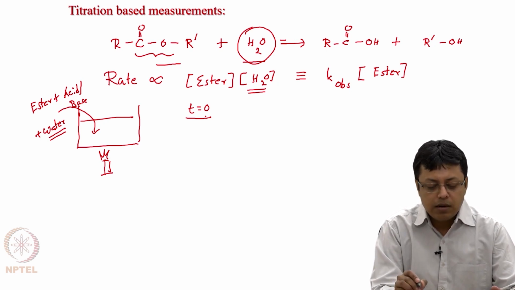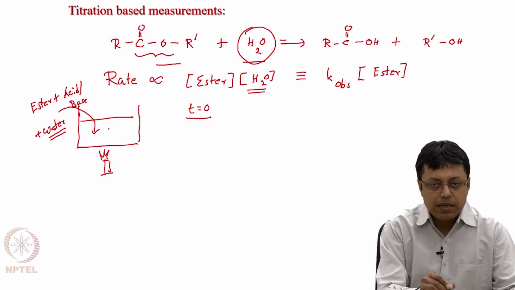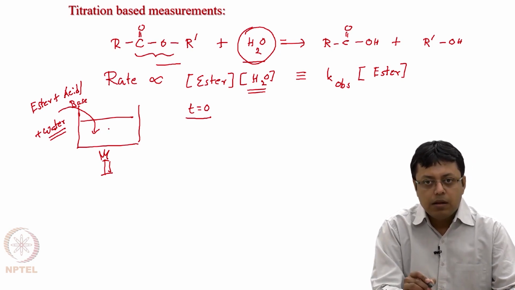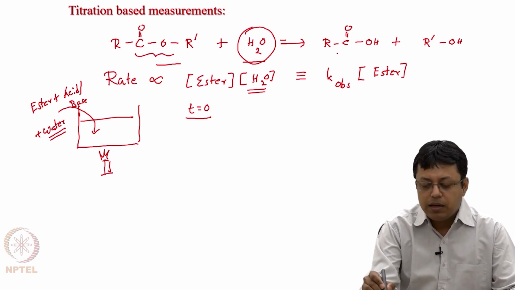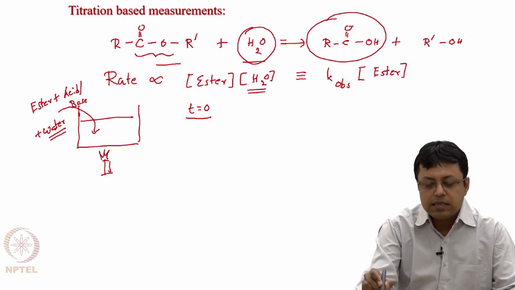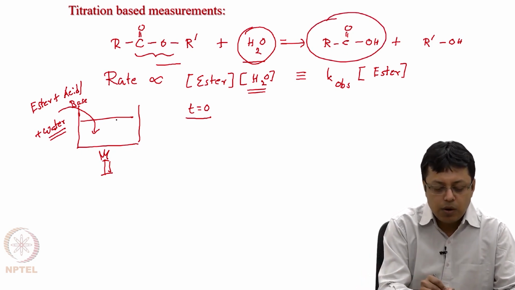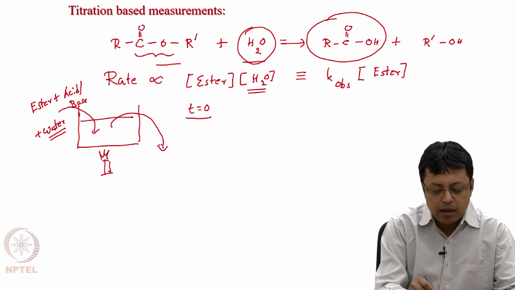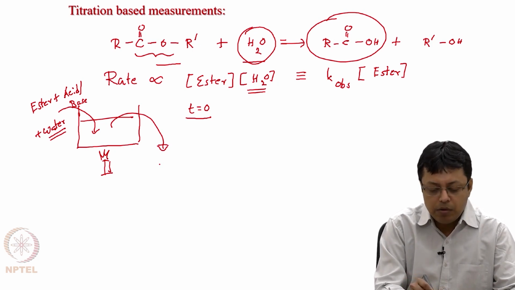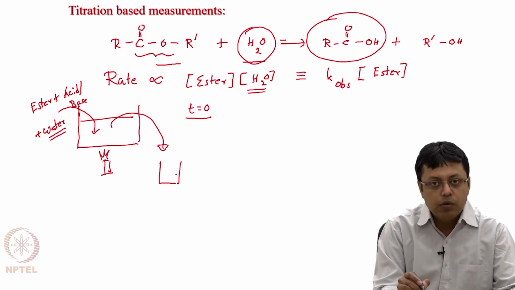Now first let us try to understand how you analyze this reaction kinetics. As soon as you mix it and heat it up, the ester produces acid, and this acid you can titrate. So you can take a portion of the mixture at regular intervals.